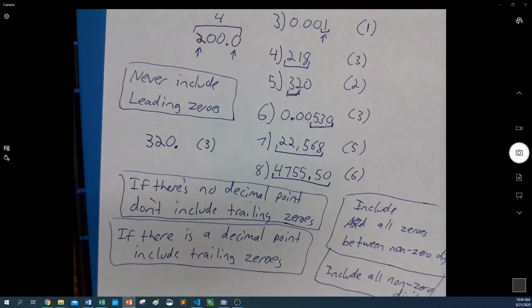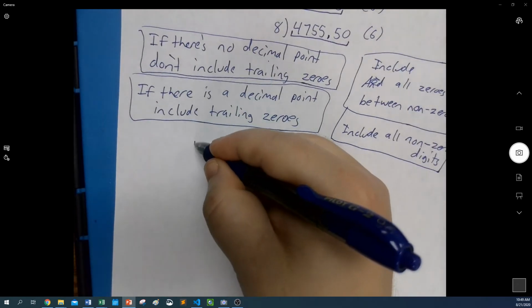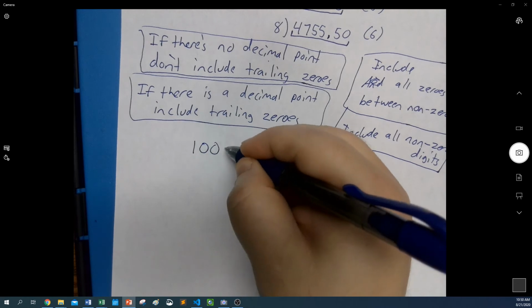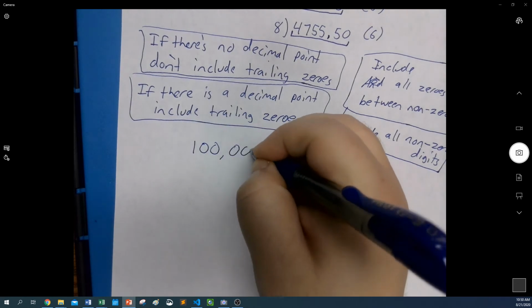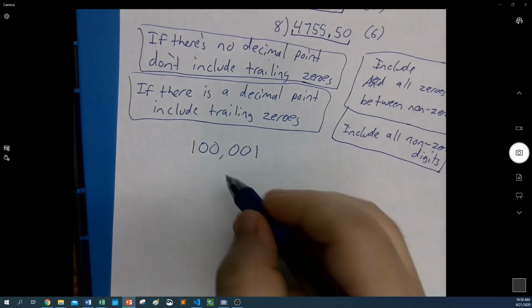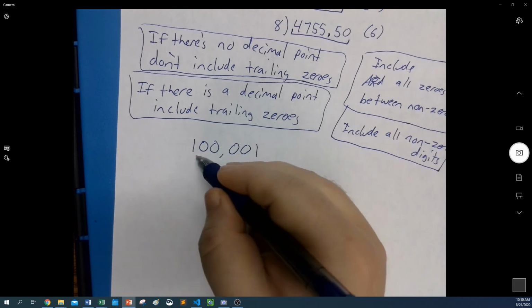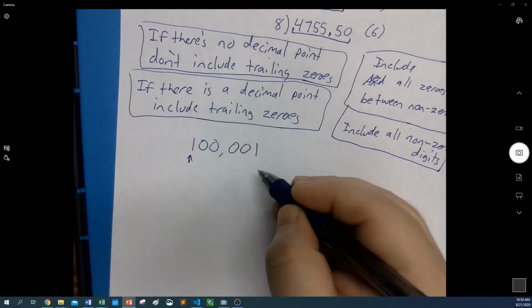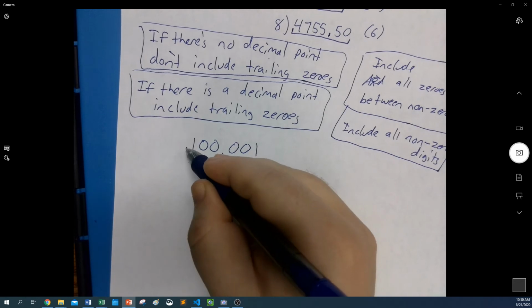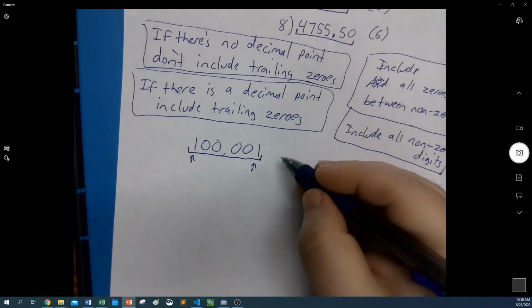So looking at, let's say, this example, 100,001. Yes, it'd be 6. So we would include all the zeros between the non-zero digits. So this is your start, this is your end. We'd include this. So that would have 6.